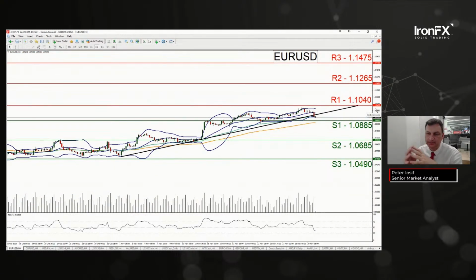On the other hand, we have to note here that we are also focusing today on Eurozone's preliminary HICP rate. Let me check if that has come out already or not. I think it hasn't.